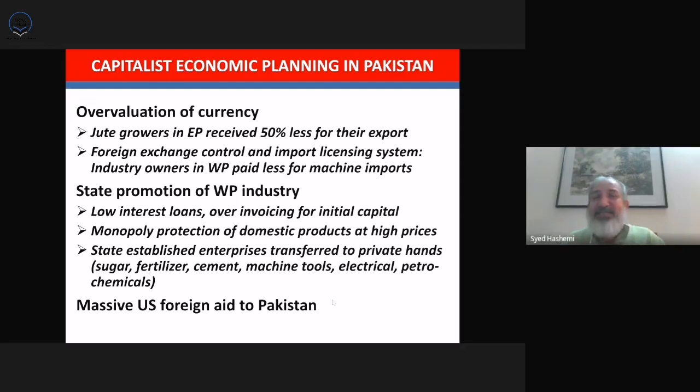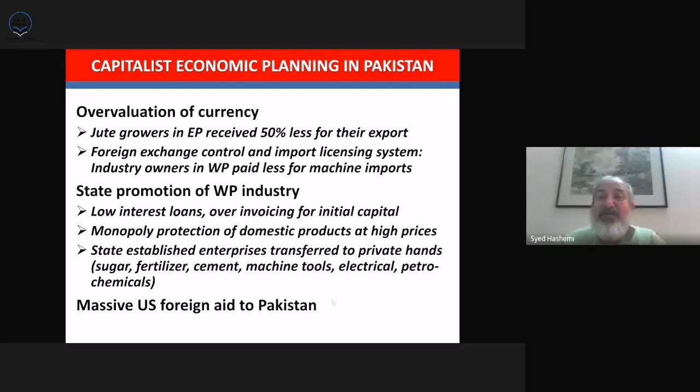On the other hand, jute growers in East Pakistan who were exporting jute were receiving, instead of 10 rupees for every dollar that they were exporting abroad, 5 rupees because the Pakistan government had overvalued the rupee.